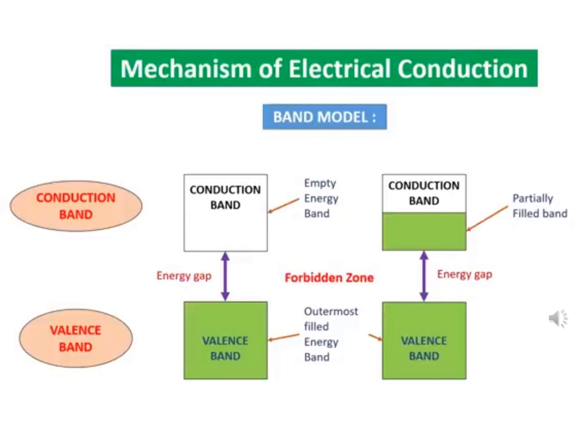If an electron moves from valence band to conduction band, then it needs some energy. The distance between valence band and conduction band is known as the energy gap.